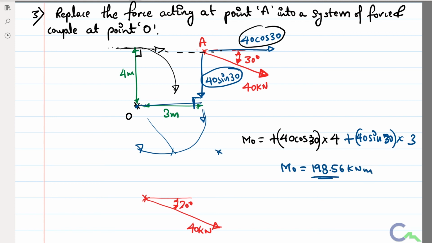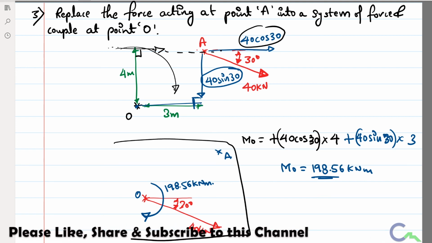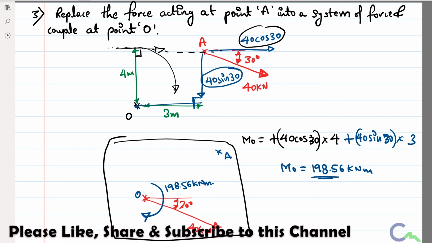In the final diagram, it is clockwise about O, so 198.56 kilonewton meter clockwise. This will be the final figure of the problem.